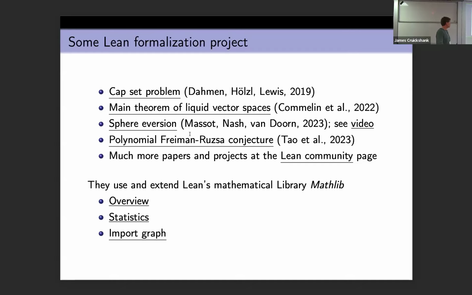And it's not just algebra and combinatorics; you can also do things in topology and geometry. That was one of the points Patrick Massot wanted to make, and together with Oliver Nash and Floris van Doorn, he formalized the sphere eversion. I won't show you the video now, but maybe you've seen it. You can turn the sphere inside out in a continuous way.